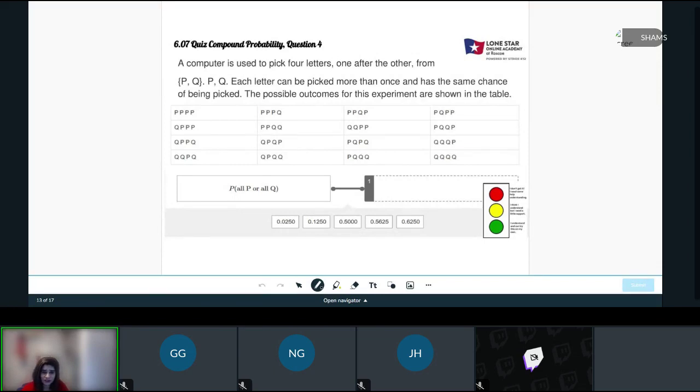The computer can pick all P's, triple P's and Q, and so on, and all these are different outcomes. Let's count. 4 outcomes here, then 4 more is 8, 4 more is 12, 4 more is 16. There are a total of 16 outcomes.